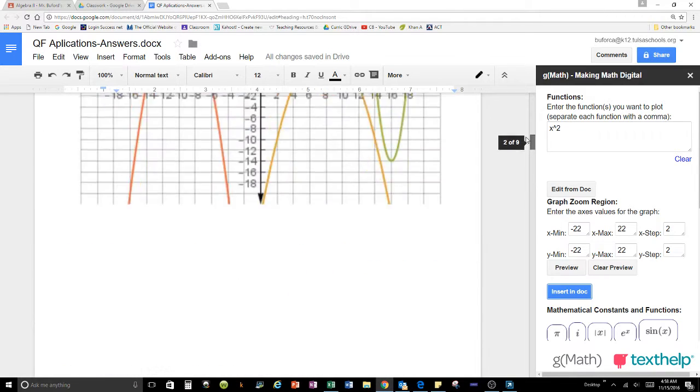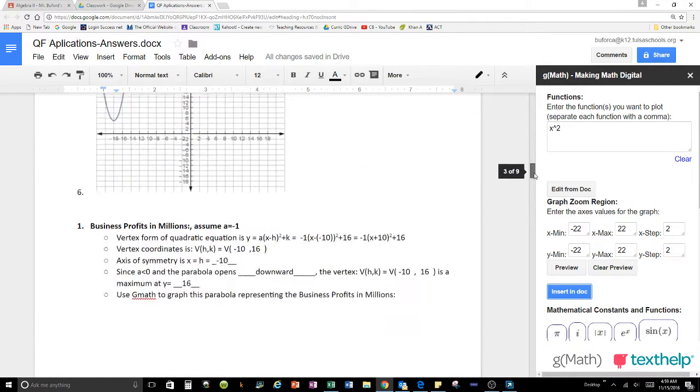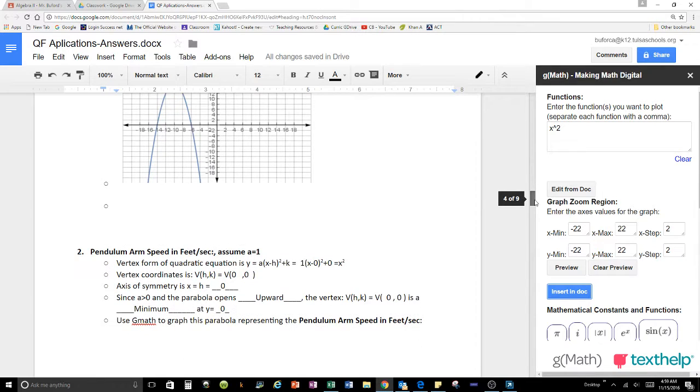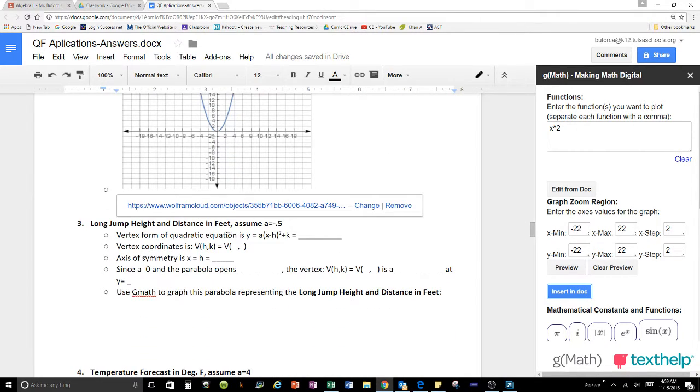The next one is the long jump. And we see the coordinates of the long jump. The vertex is 8 and 8. So both h and k are 8. So let's go down to the long jump. And that's here. Okay, and for the long jump we have a equals minus 0.5.